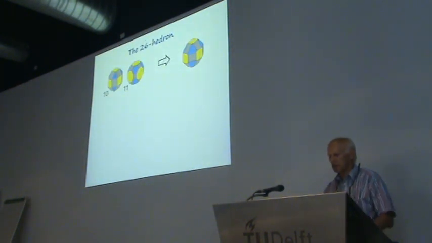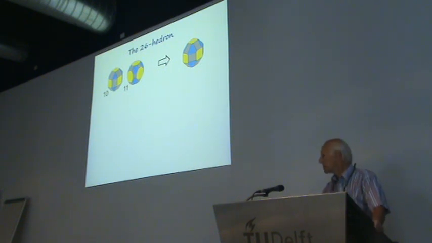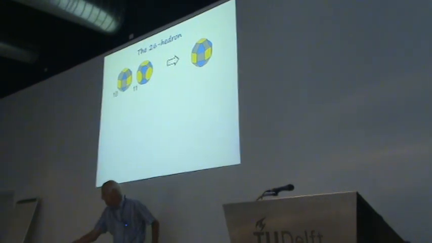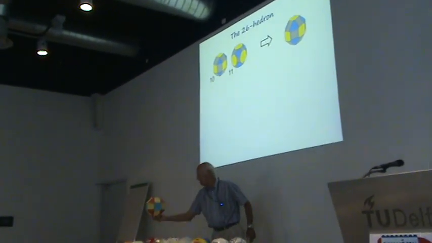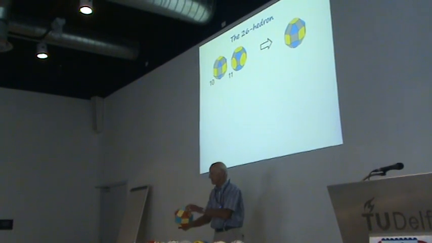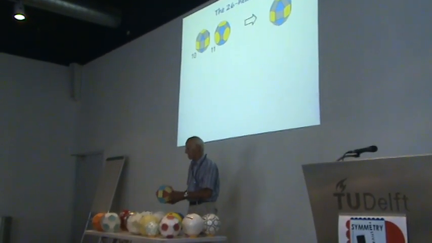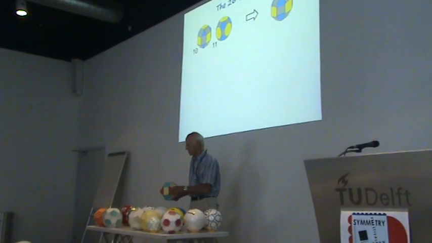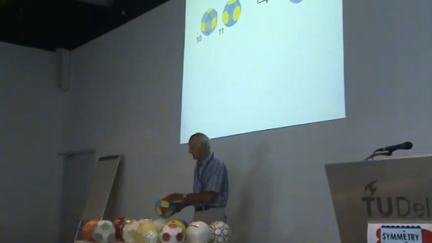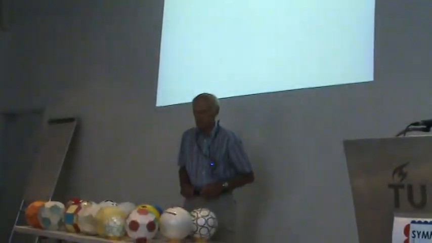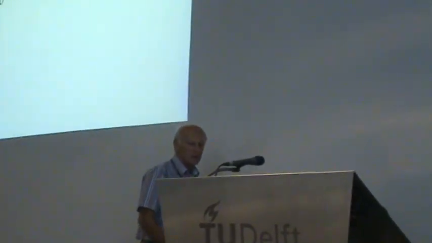The 26-hedron is this one. In fact, I have a model of that. This is the 26-hedron. You see rectangles, and this is actually a small octagon with chamfered ends, and a triangle chamfered in the same way.